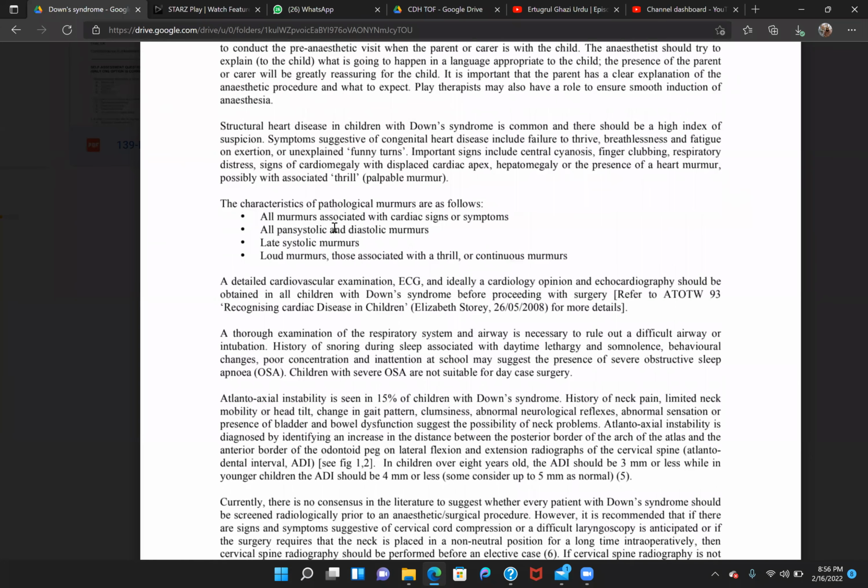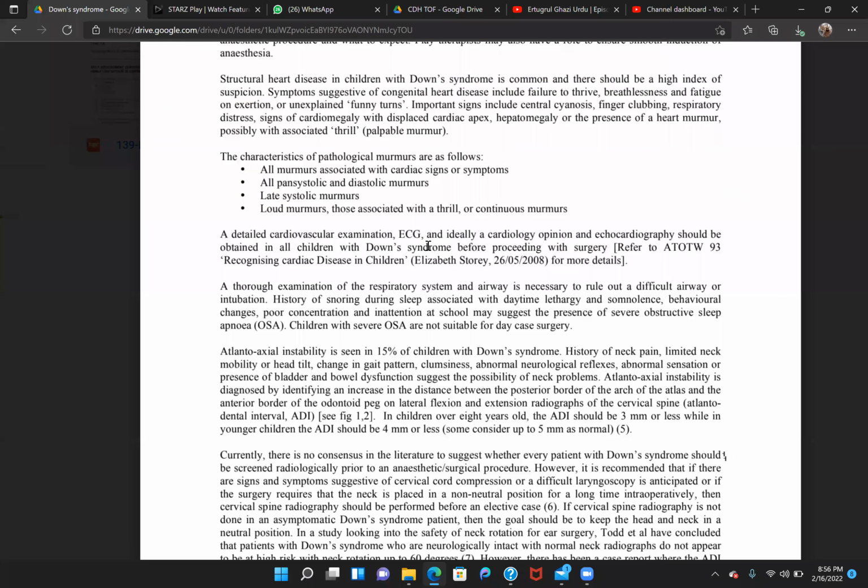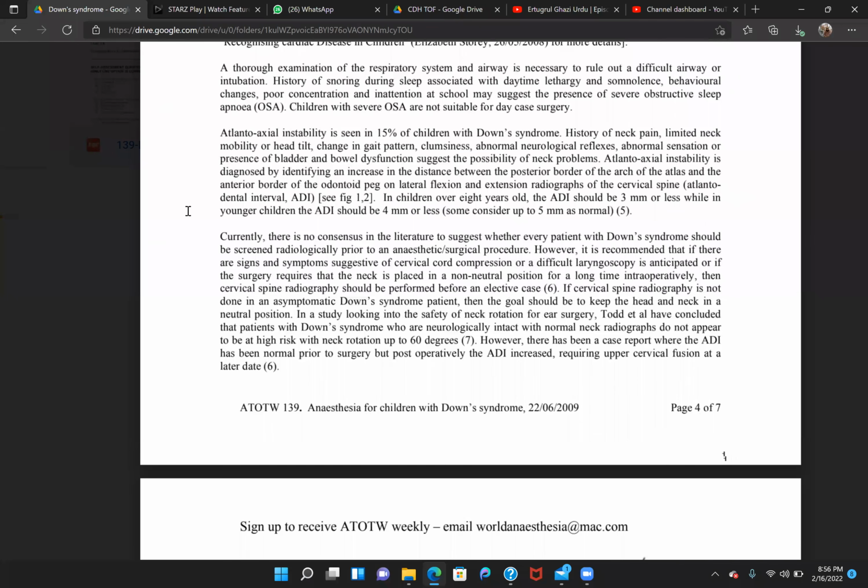But actually the message is that diastolic murmurs are more important. If a murmur is not associated with any cardiac sign and symptom, it is not as important. In babies, the signs and symptoms are related to cyanosis. This is the most important thing. If the baby is not able to take the feed, that's a serious sign and symptom.